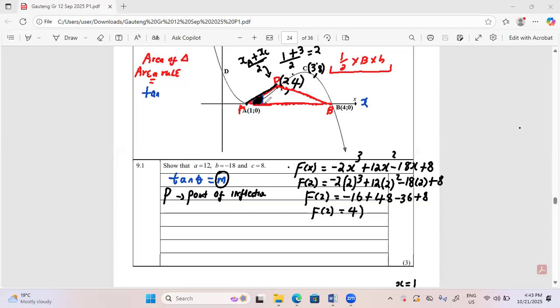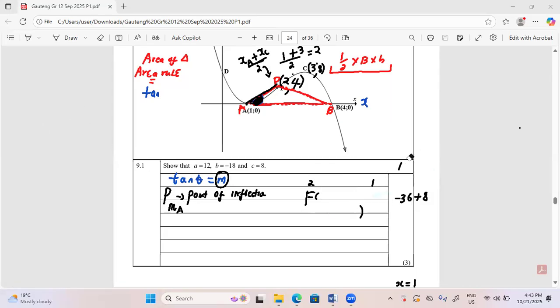Which means that to find the angle at A, we need the gradient of AP. Let me just erase here. Sorry, guys, I don't have enough space. To find the gradient of AP, we say y2 minus y1 over x2 minus x1.